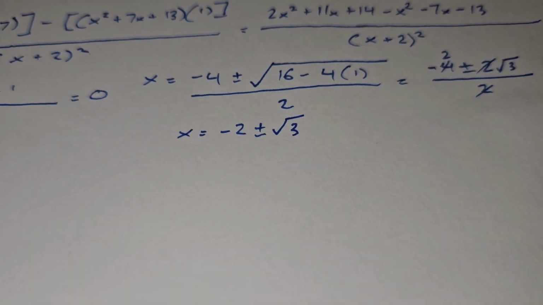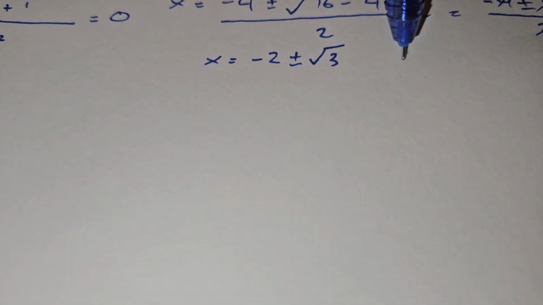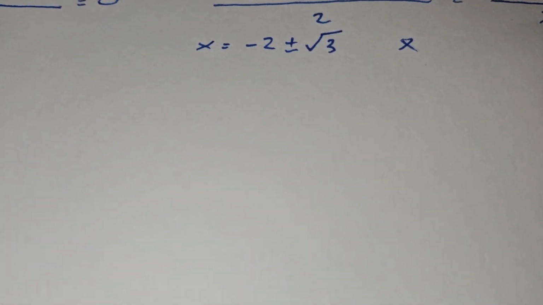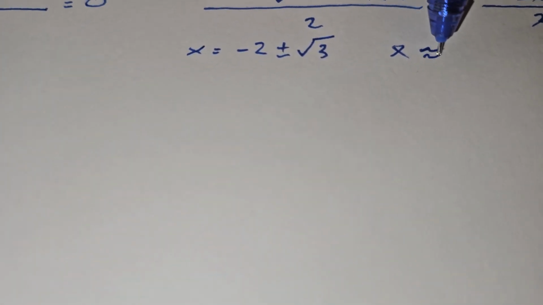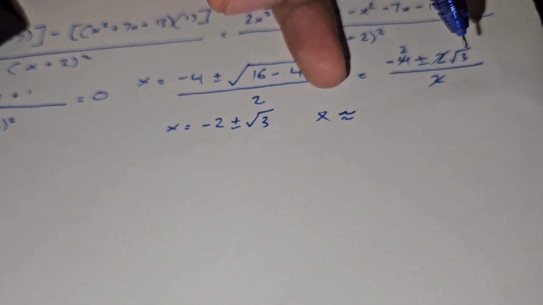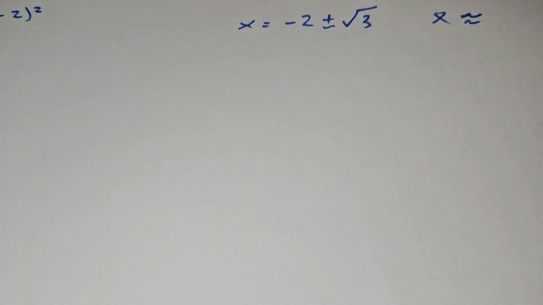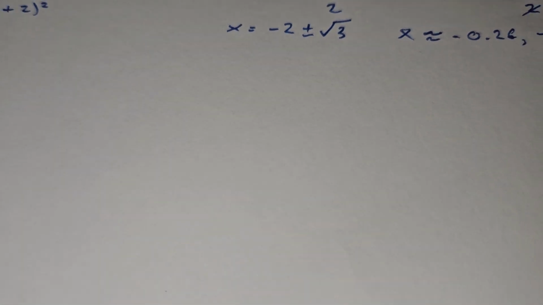For graphing purposes, let's estimate this. You can throw this into your calculator to estimate some values to make it easier to graph on the number line. x is approximately negative 0.26 and negative 3.7.